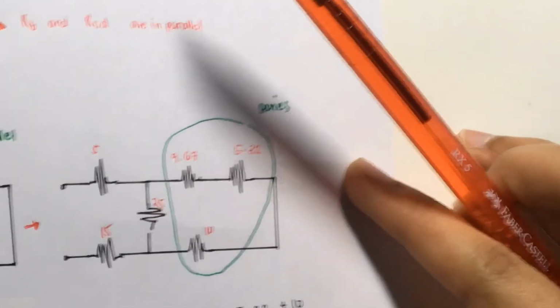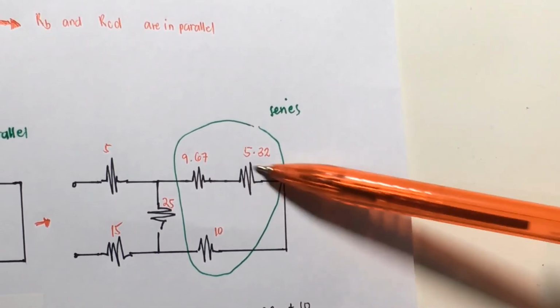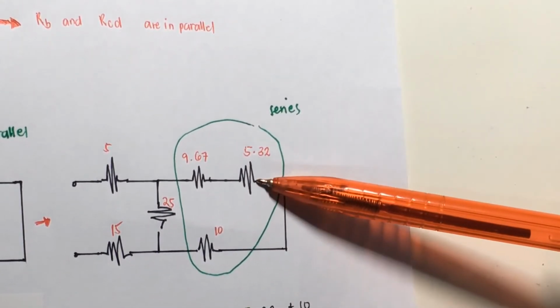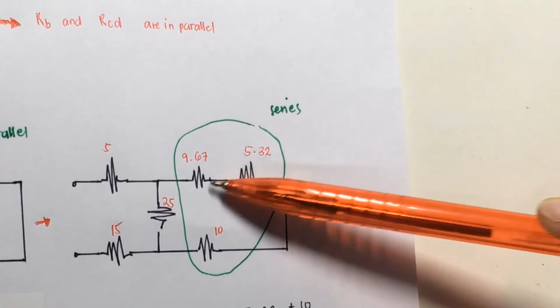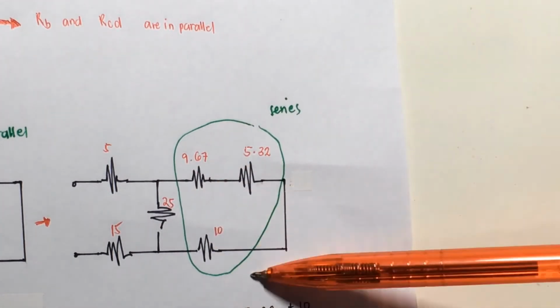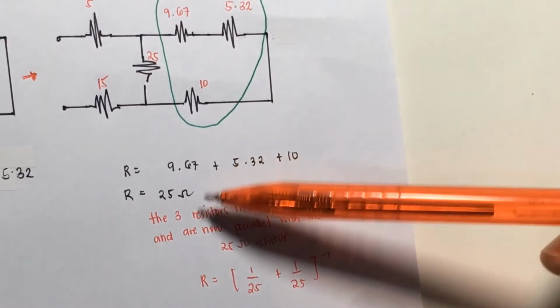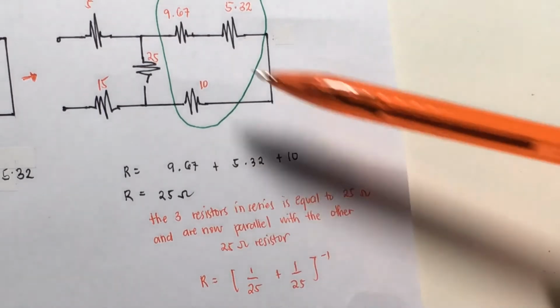So we redraw it again. We can see that we inserted the 5.32 in here, and this 3 is now in series, so we can simply add up the 3 and get 25 ohms.